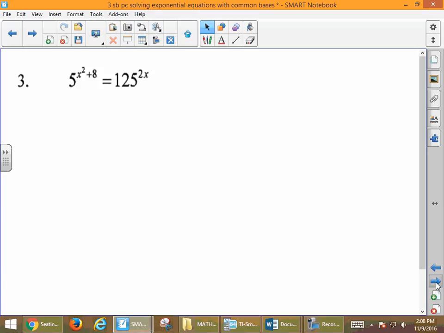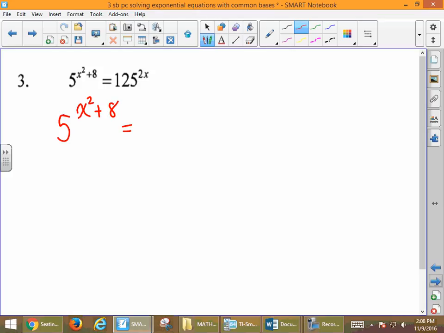So on problem number 3, it looks like we have 5 again on the left side. 5 to the x squared plus 8 equals 125 to the 2x. 5 is a prime number. We can't rewrite that, so we're going to leave it as 5 to the x squared plus 8.